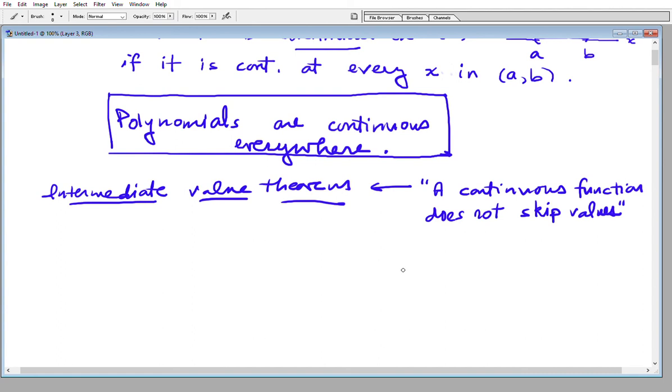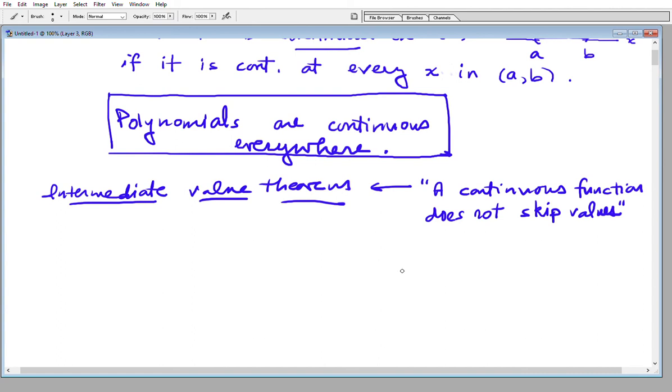Let's say a child grows in height from 50 inches to 60 inches. At some point, they're going to be 55 inches or 53 inches in height. They're not going to skip over a height. They go through everything in between.